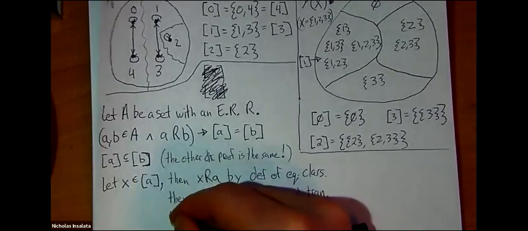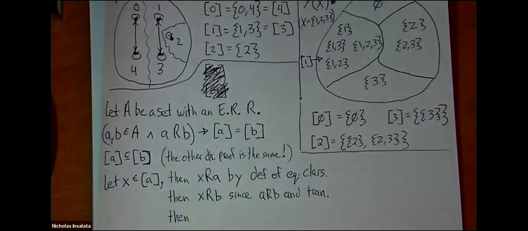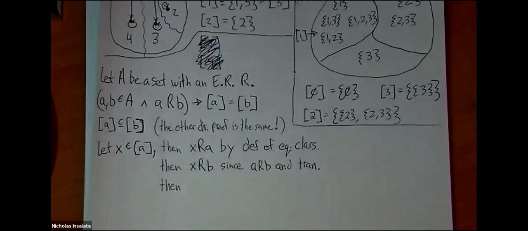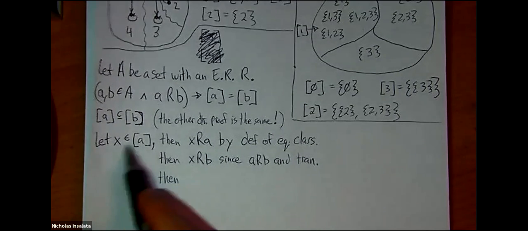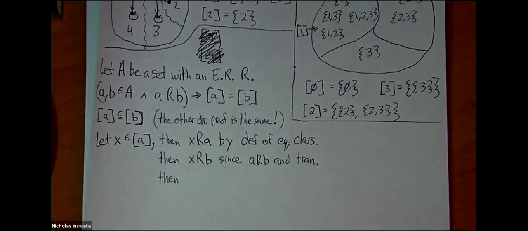Great. Then what? We're almost done. We're trying to show that if X is an element of the equivalence class of A, then X must be an element of the equivalence class of B in order to show a subset by elements proof, right?